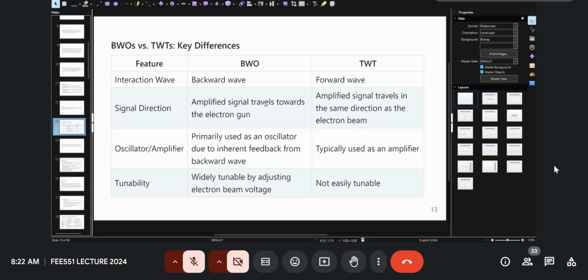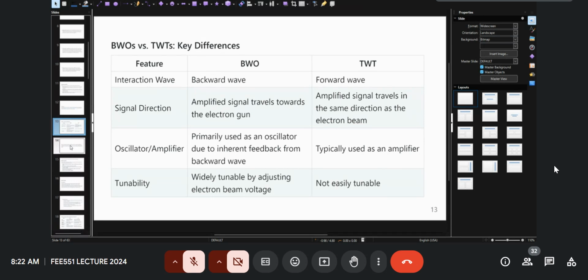Yes, is someone trying to speak? Okay, so the TWT is not easily tunable. That's also something to note.